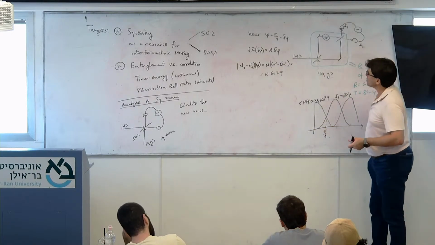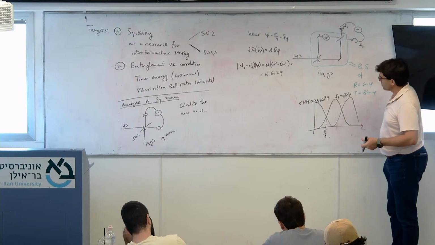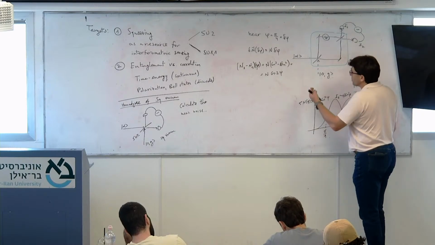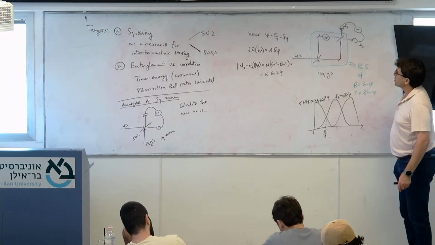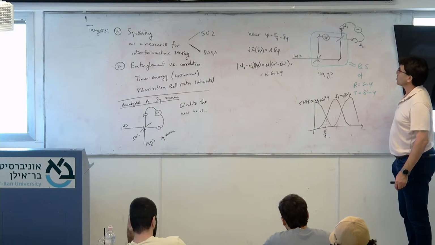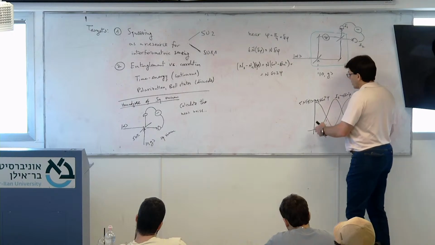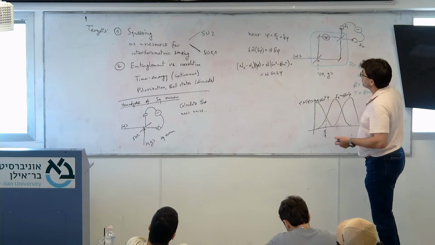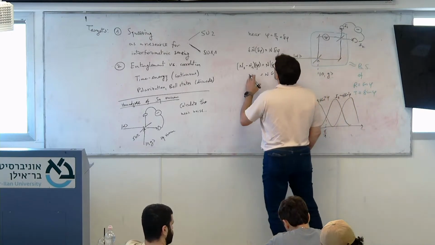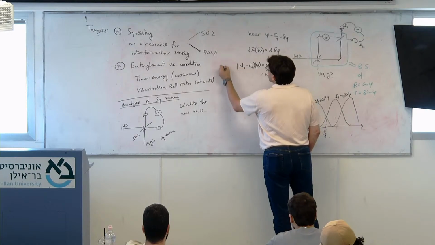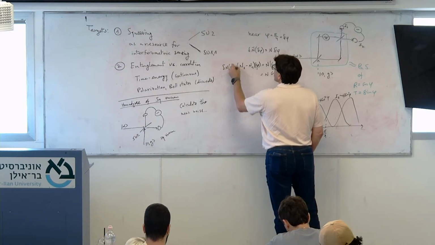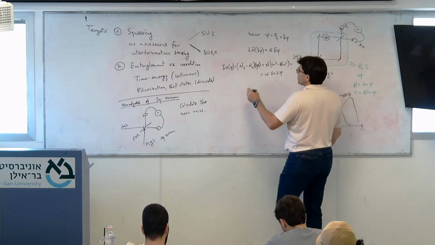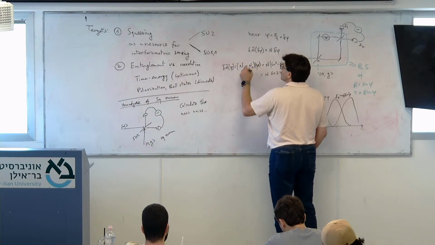And indeed, near pi over 4, this cosine will be 0. And so if we measure, let's call that delta n of phi. That's what it is. And here there's an average.